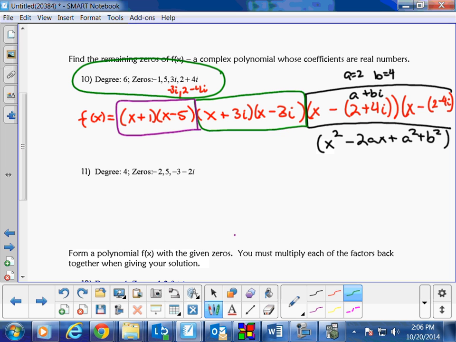Like with this one over here, this will be easy to solve because the remaining zero on this one is only negative 3 plus 2i. And those are done.